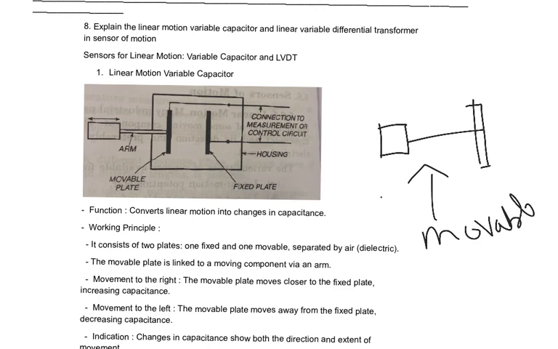If it is moved away from the fixed plate, capacitance will decrease. This is how it works. The change in capacitance mainly depends upon the movable plate.